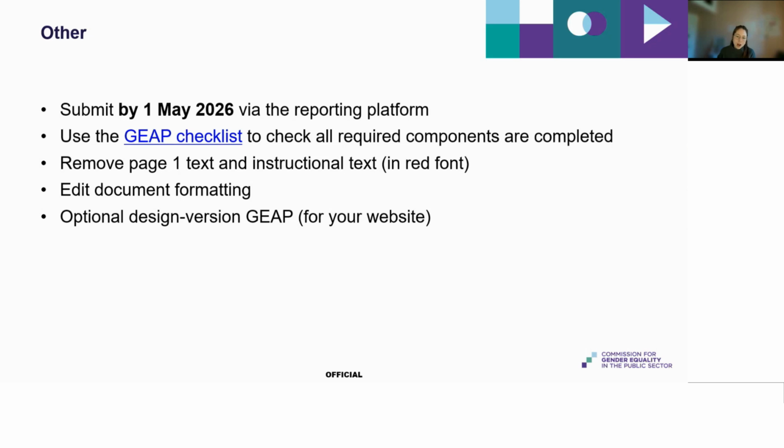We do recommend, however, that you hold off until compliance checking is complete and you have received feedback in case you do want to make any changes. Finally, you may reorder the content of your GEAP in your public-facing version to suit your preference, including any additional information not required by the Commissioner, and you may include your completed template as an appendix in your designed version.